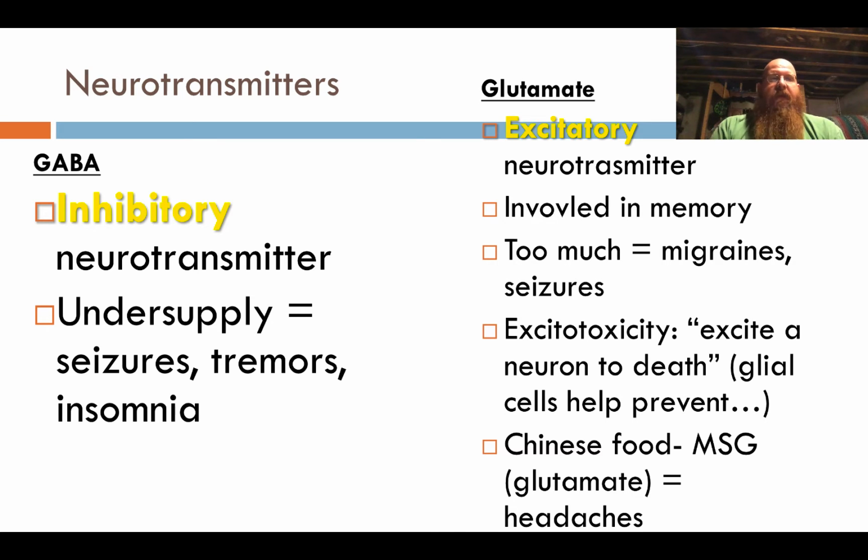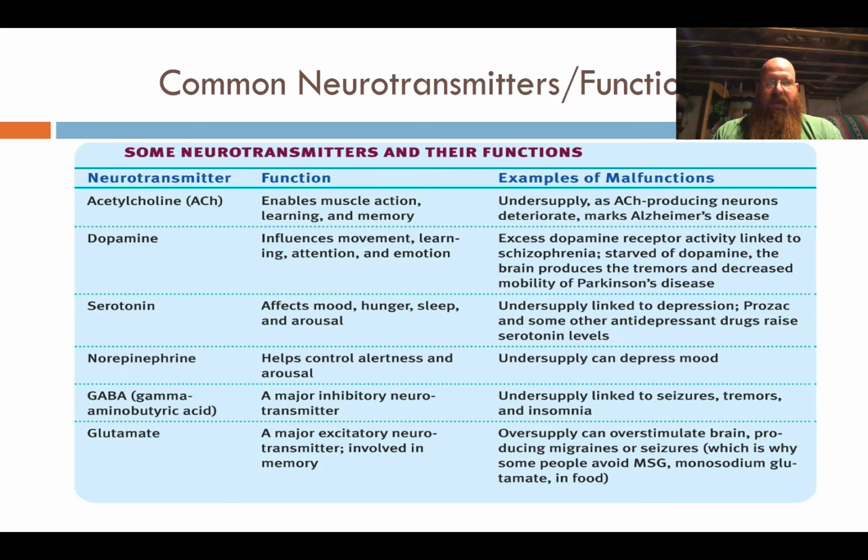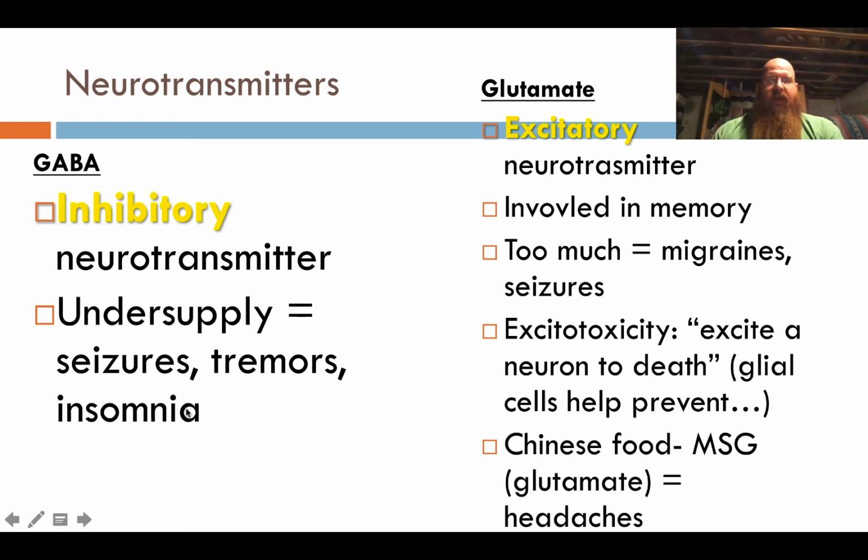So the first one I'm going to talk about is known as GABA, G-A-B-A. It's actually gamma aminobutyric acid. But for AP Psych purposes, we're going to call it GABA.